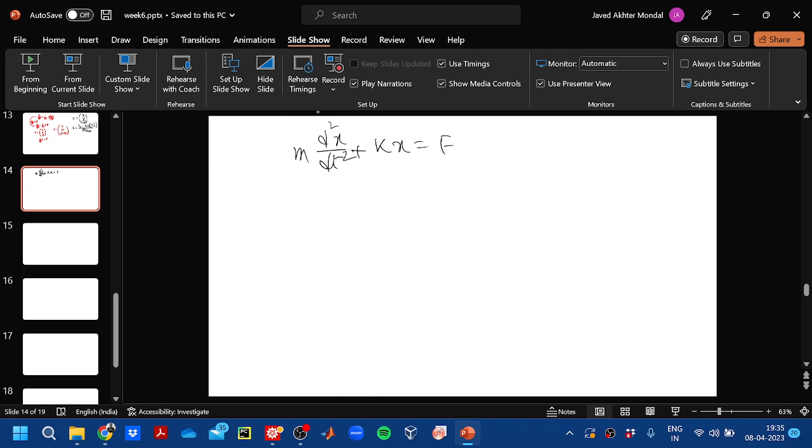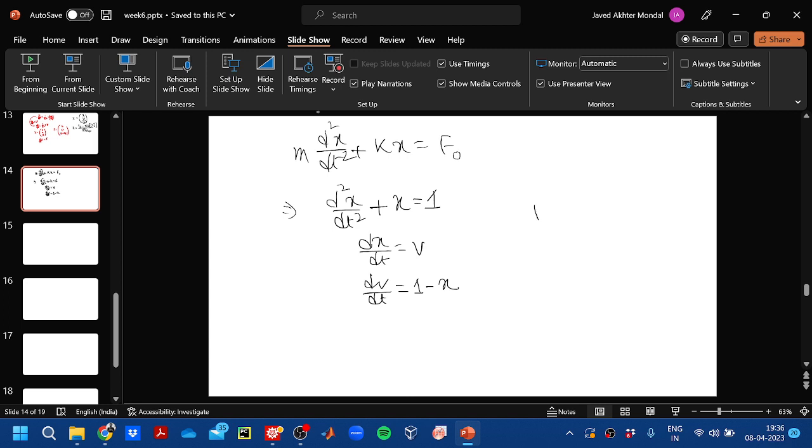So f we can take simply to be f0. If we do that, and we non-dimensionalize this, then the equation will be simply d2x/dt2 plus x equals 1. So how do we solve this numerically? First dx/dt should be v, and dv/dt should be 1 minus x.